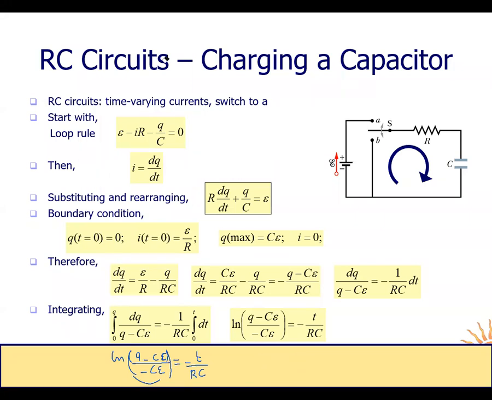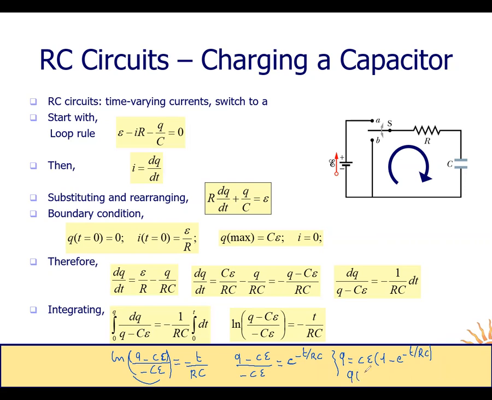We can write q minus CE divided by minus CE equals to exponential minus t divided by RC. So q equals to CE times 1 minus exponential minus t divided by RC.